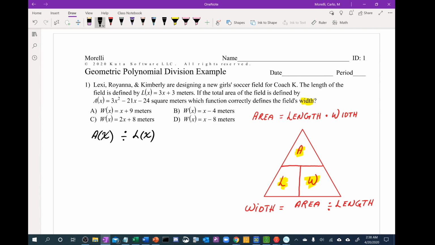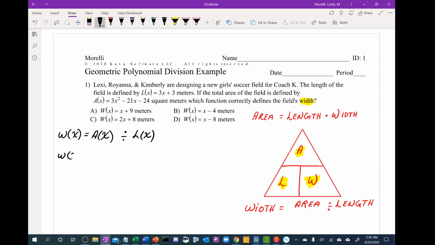The width is equal to area divided by length, so W of x is equal to A of x divided by L of x. So if you want to know the width, you'll divide this by this. Okay? So let's set the problem up and then we'll work the problem. We don't know W of x.